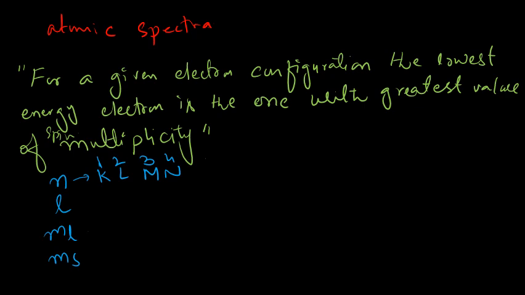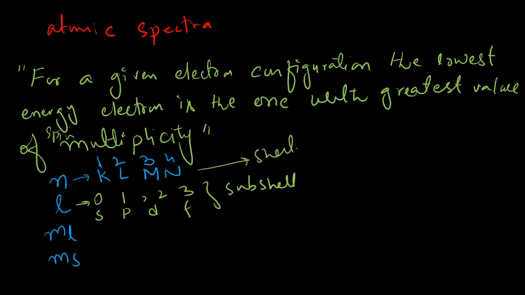And l represents the subshell, that is 0, 1, 2, 3, corresponding to s, p, d, f. And ml is called the magnetic orbital quantum number.